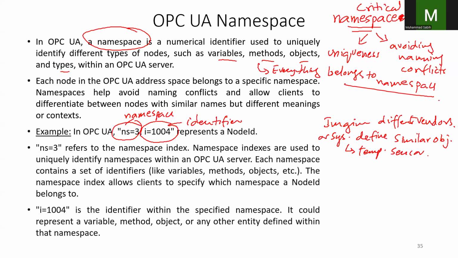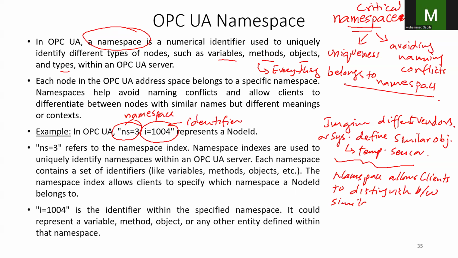So the namespace allows clients to distinguish between similar variables with similar names.